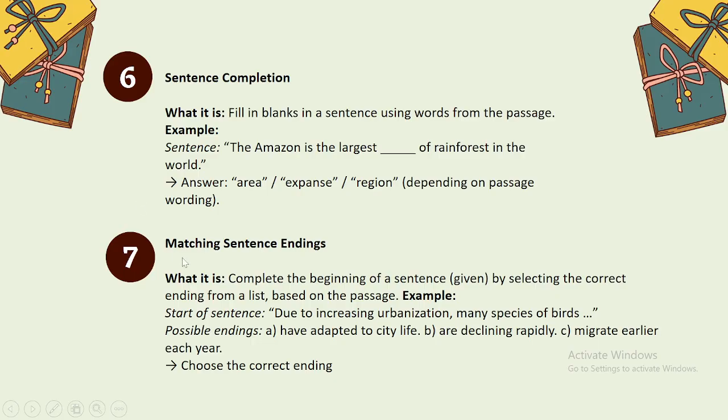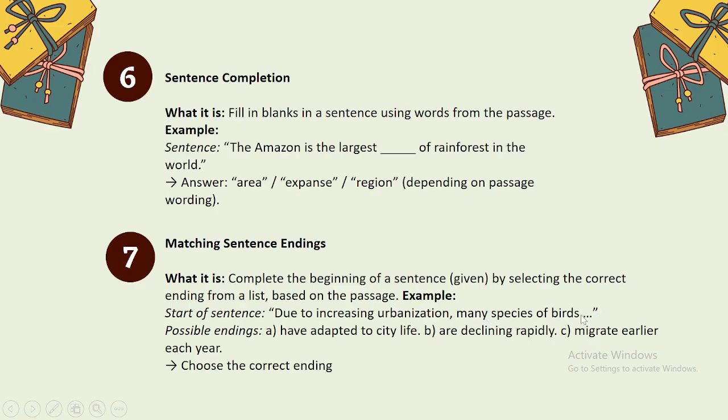And the next type of question is none other than matching sentence endings. Here, matching sentence endings means you are given some options or possible endings, and for the question, they may give you the start of a sentence, like here, due to increasing urbanization, many species of birds.